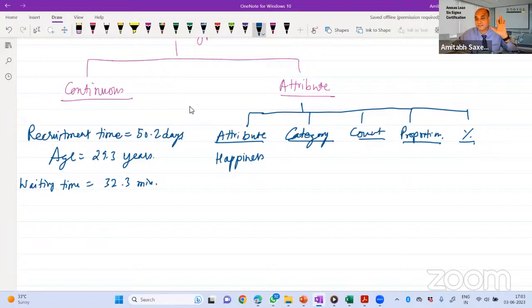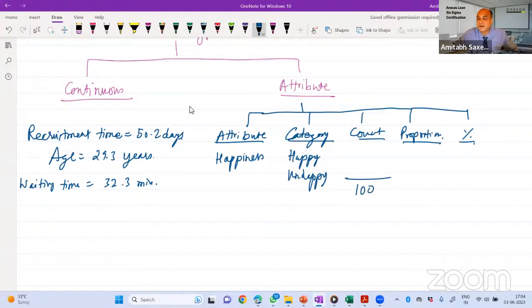Create a category. There are two ways to create categories. Two categories you can always create: presence or absence of that attribute. You have listed happiness here, so presence or absence of that happiness. So I can say happy and unhappy.